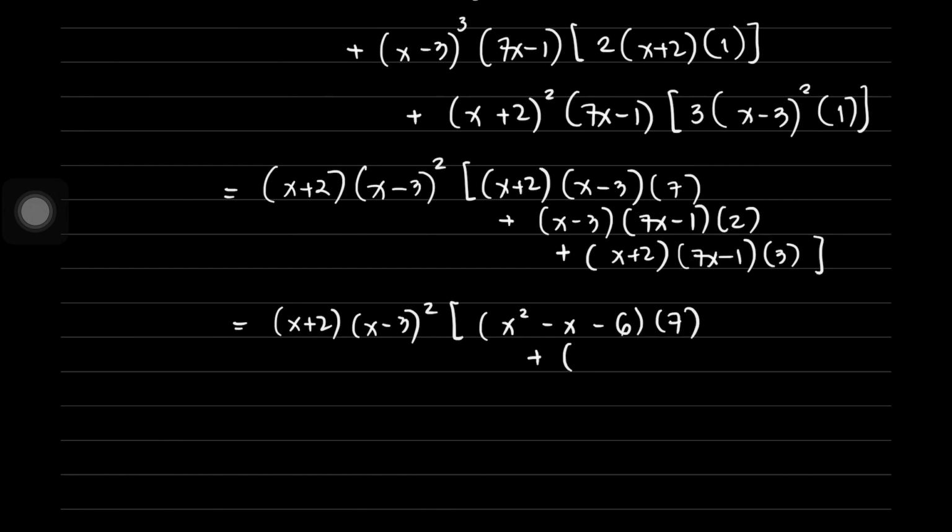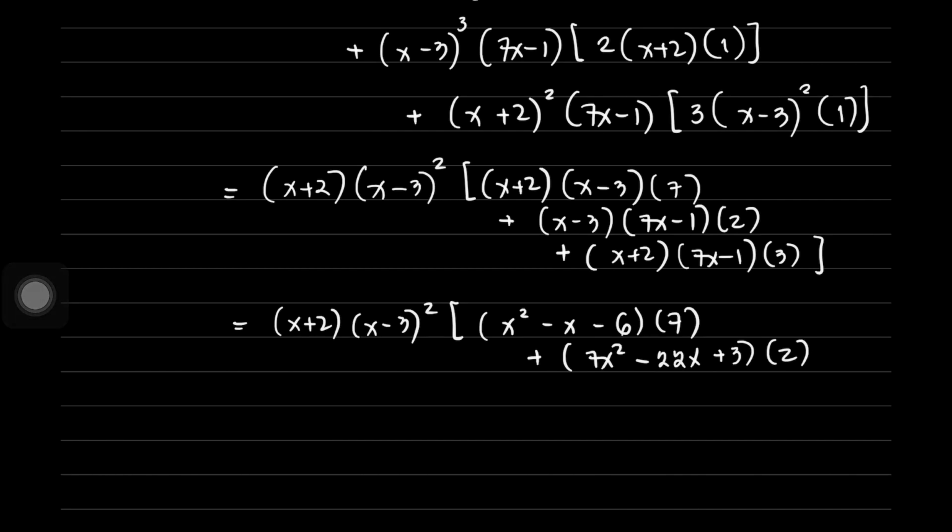Plus, we have (7x − 1)(x − 3)(2), so that's 7x² minus 21x minus x, so that is negative 22x. Is that right? Negative 3 times 7x is negative 21x. x times negative 1 is negative x, so that's negative 22x. Negative 3 times negative 1 is positive 3 multiplied by 2. Right? So let me just bring this down.